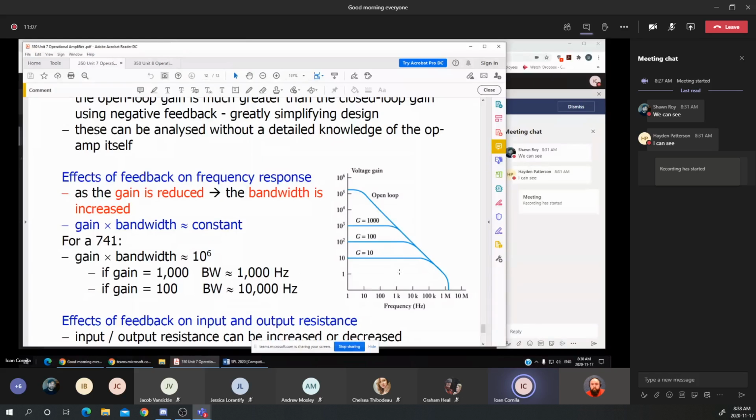You notice from this curve that the characteristic of the op-amp, for a closed loop or an open loop circuit, has a decay of 20 dB per decade, and it's a pretty constant decrease of the amplification or the gain as the frequency increases.